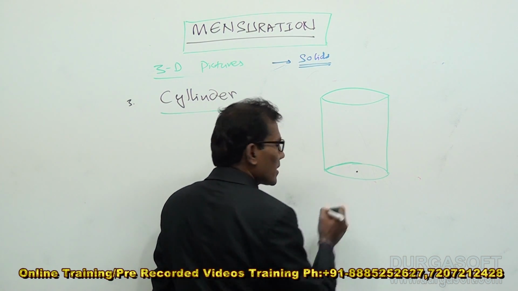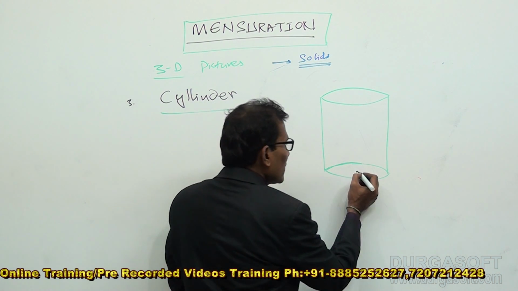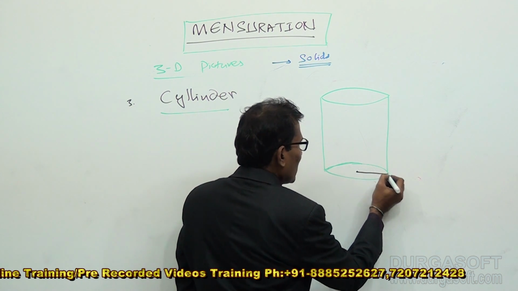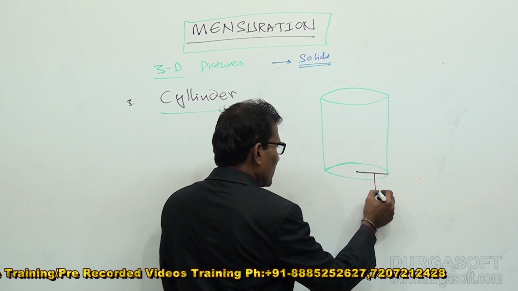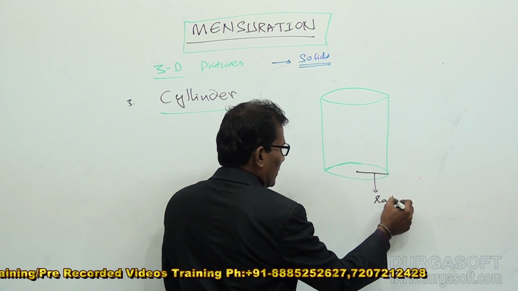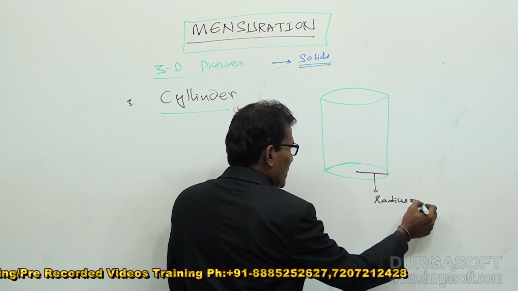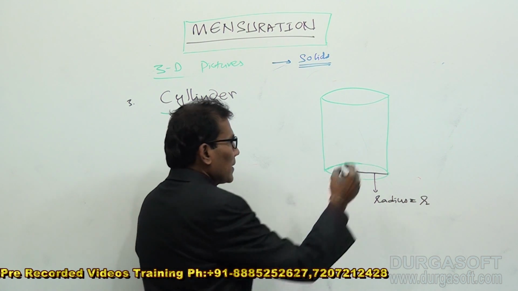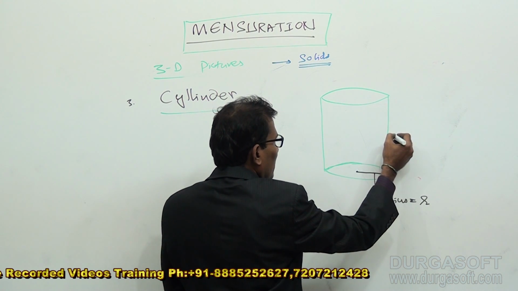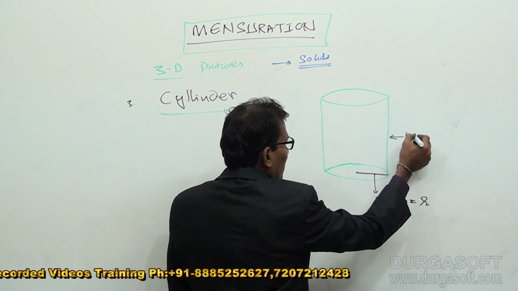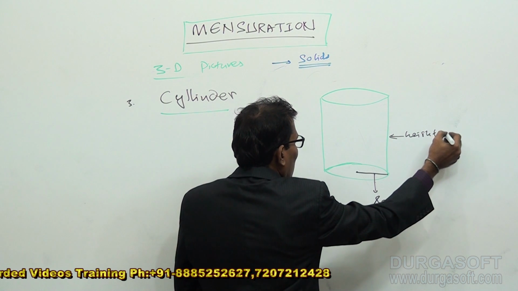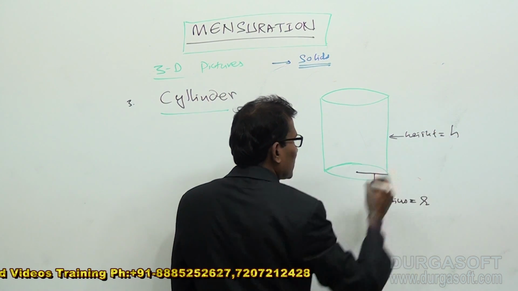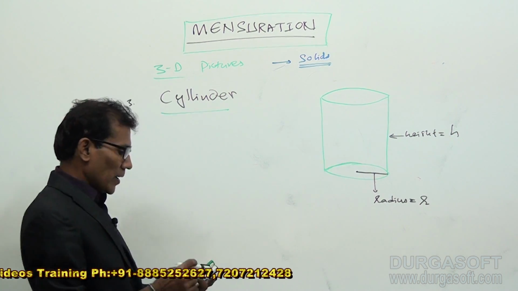Since it is a circle, there is a center, and this center to the edge of the circle is the radius, which we take as r, and here this is height denoted by h.